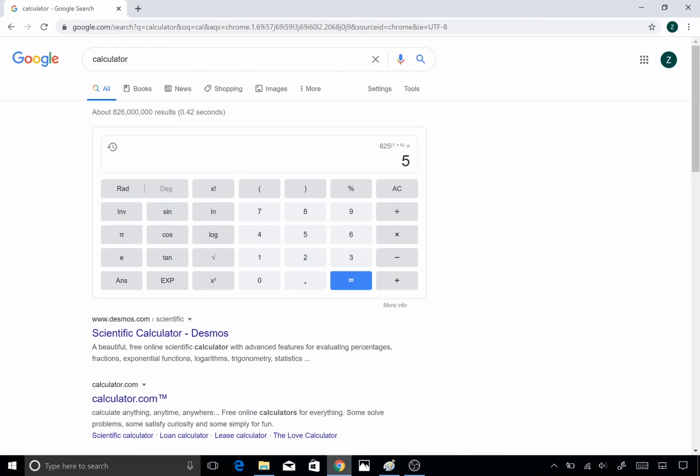We could also find 625 cubed and then raise this to the 4th power. 125 again.